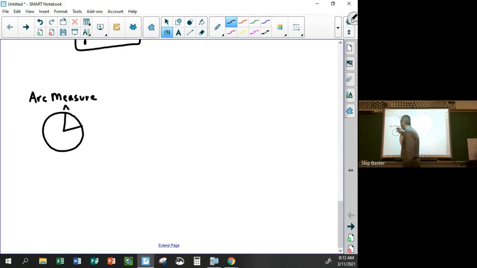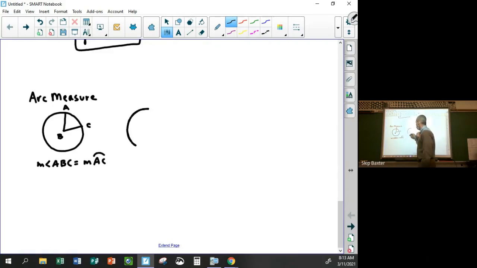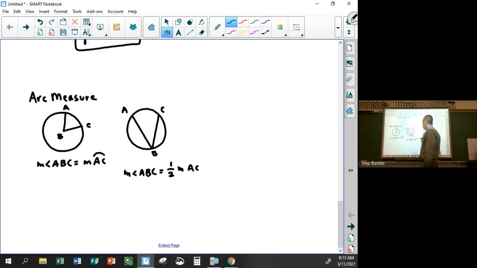So if this is A, B, C, the measure of angle ABC equals the measure of arc AC. And then we had an inscribed angle that looks like this. For an inscribed angle, the measure of the angle is half the arc. So the measure of angle ABC is half the measure of arc AC.